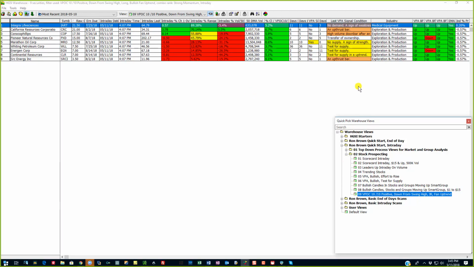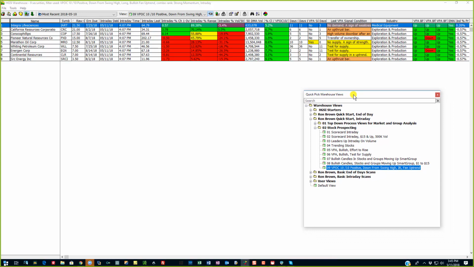And then this is where I'll end today. This is a view that was added because I use it all the time. It's kind of a long name, VPOC, 1010 positive, down from the swing high.